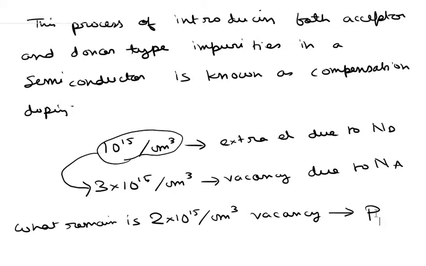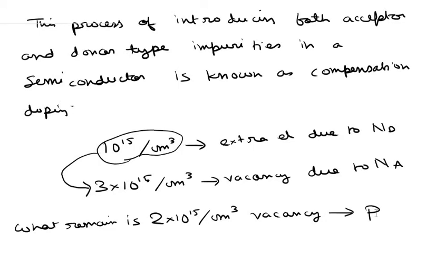So that's an intuitive explanation: the extra electrons which are given by the donor atoms come and sit at some of the vacancies that are given by the acceptor type impurities. So 10 to the power 15 per centimeter cube of vacancies are destroyed.